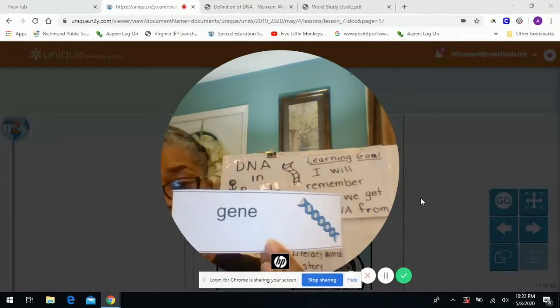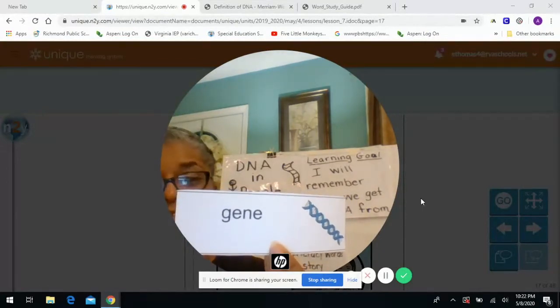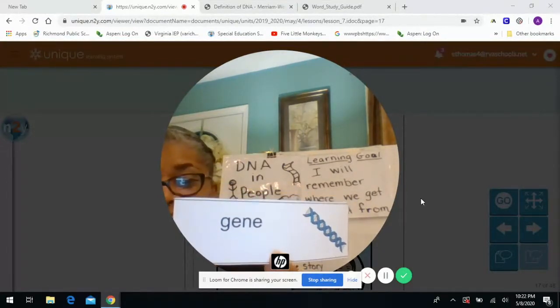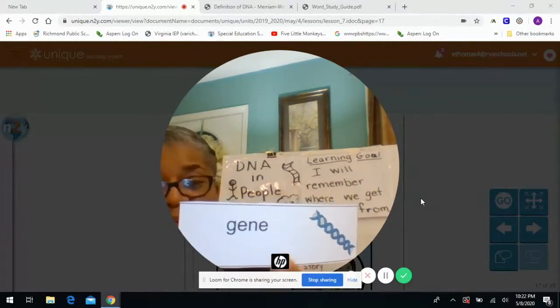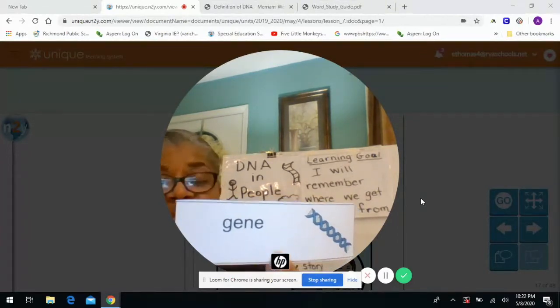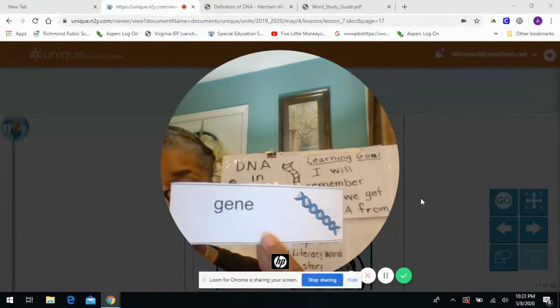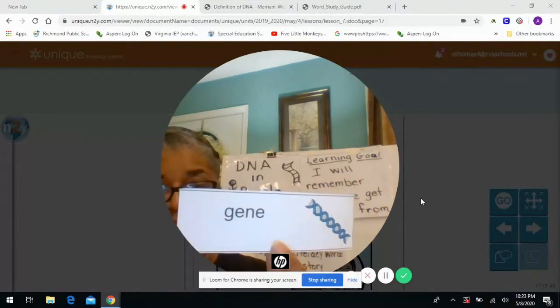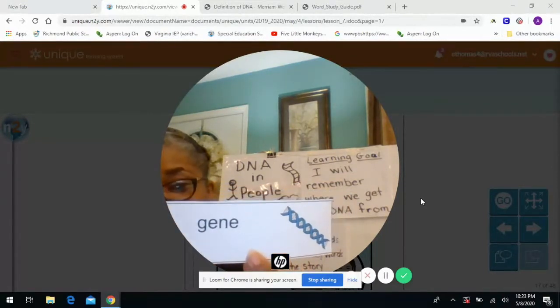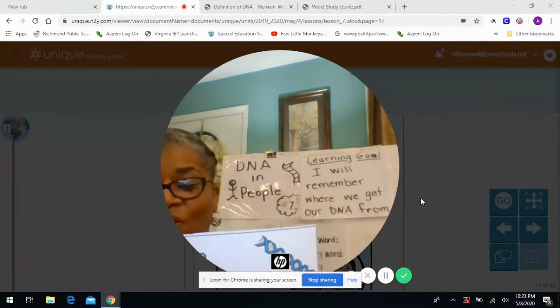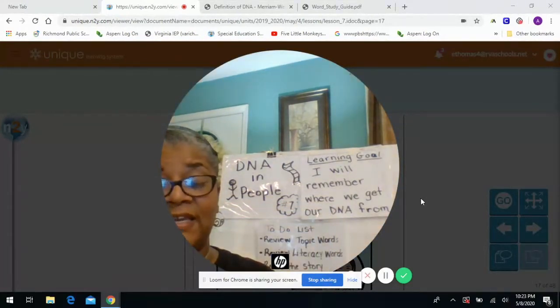Gene is a part of the DNA, that big word. DNA is located in the chromosome and tells us who we are: our hair color and height. That's all part of our DNA that tells us who we are.